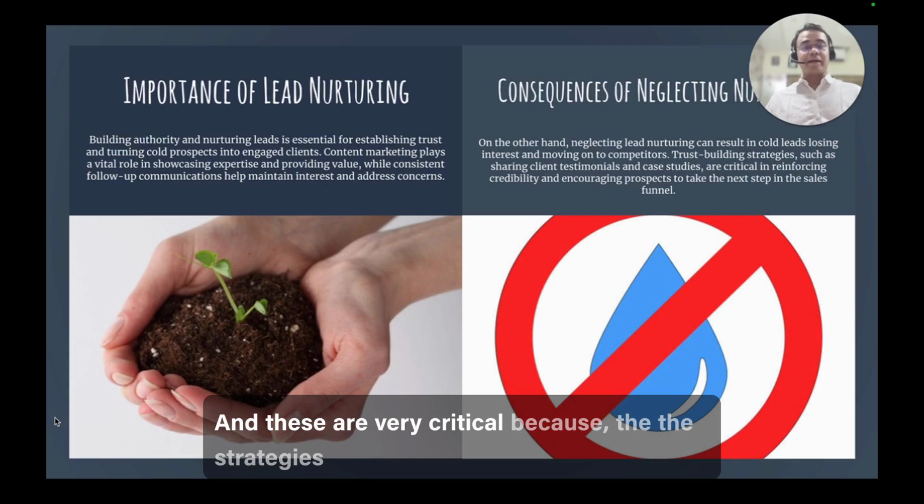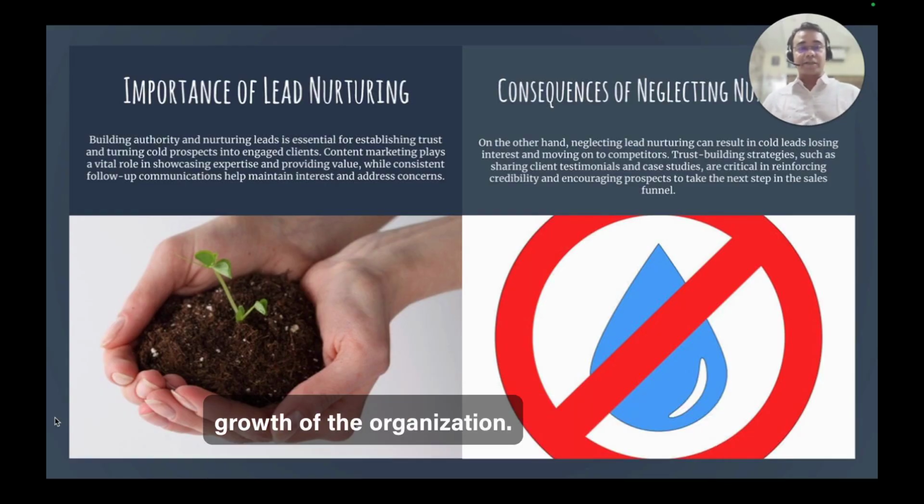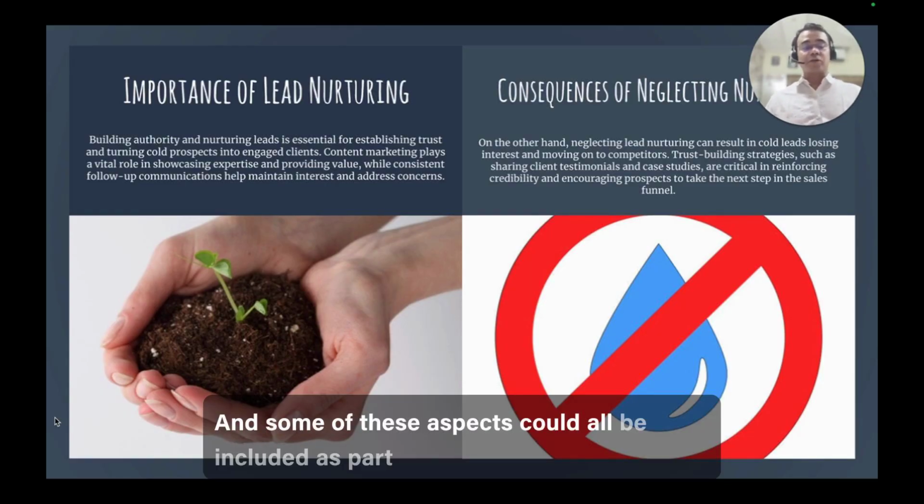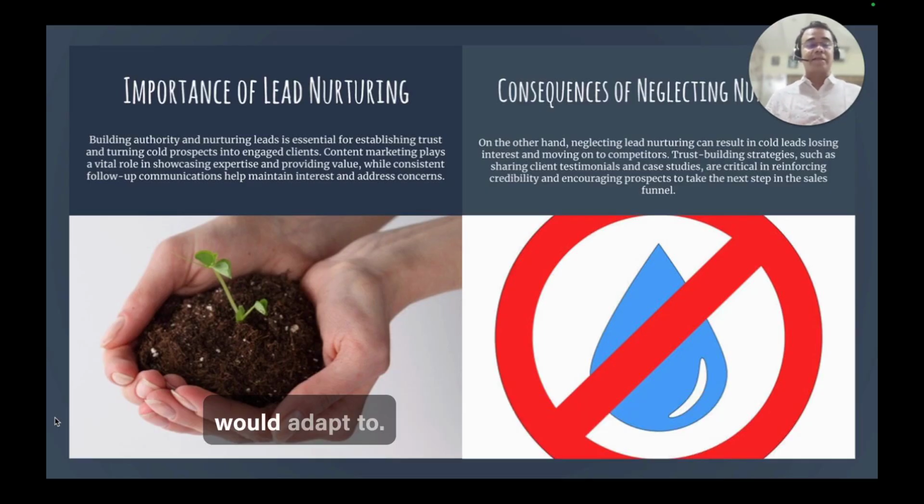And these are very critical because the strategies are going to be ingrained towards the overall holistic growth of the organization, and some of these aspects could be included as part of the customer testimonials or the case studies that one would adopt.